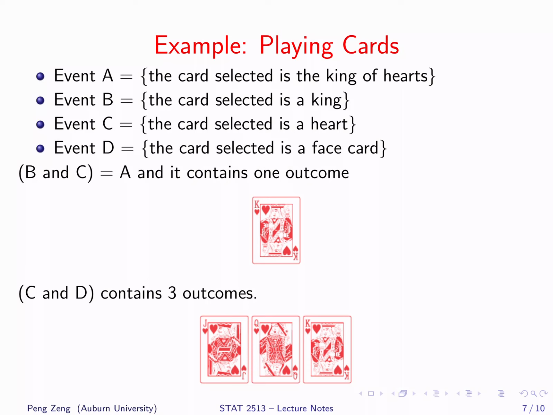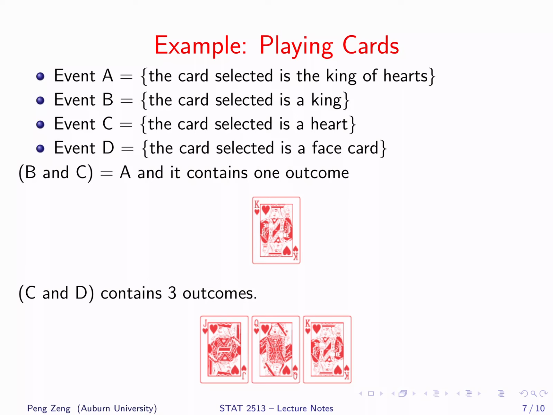Event C means that the card is a heart. Therefore, the only possible card satisfying both conditions for B and C is the king of hearts, which is exactly the event A. We may say that event B and C equals event A.